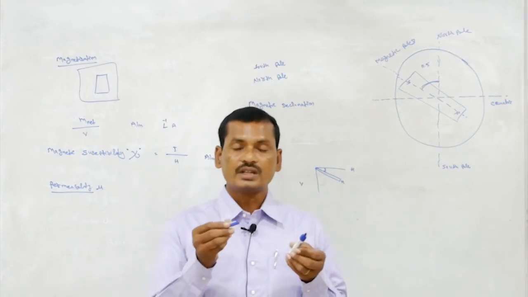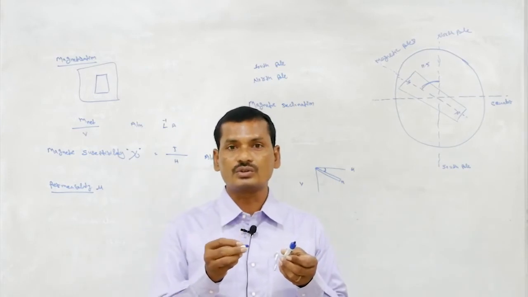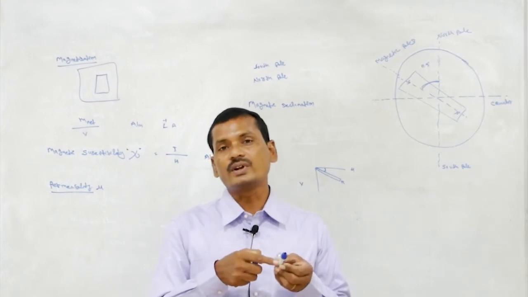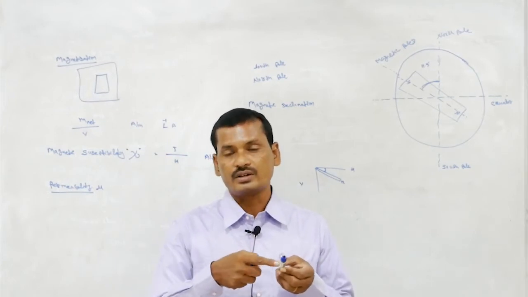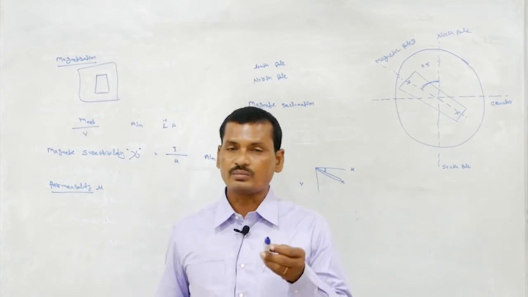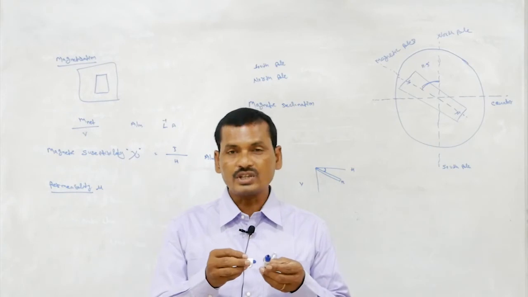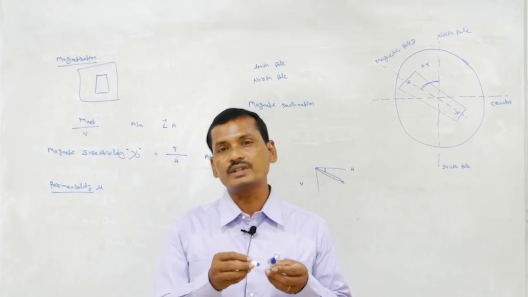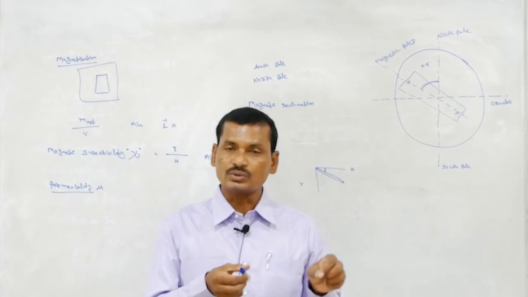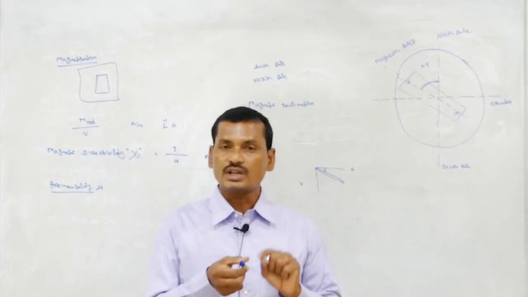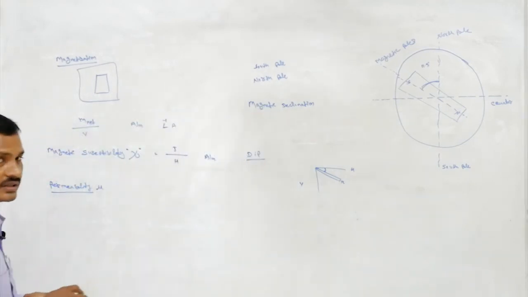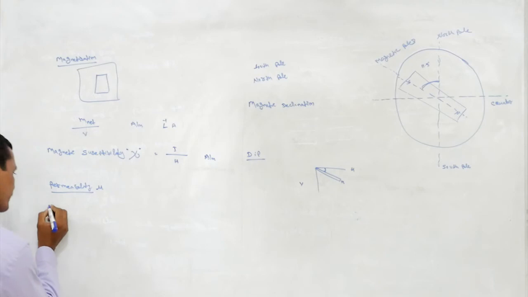There is no possibility for the magnetic field lines to penetrate through this pen. Otherwise, with this iron bar, now I am keeping the bar magnet. The bar magnet's field lines pass through or penetrate this iron bar. This is the permeability. Next, relative permeability.